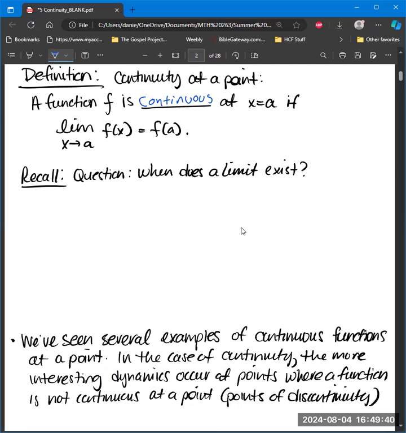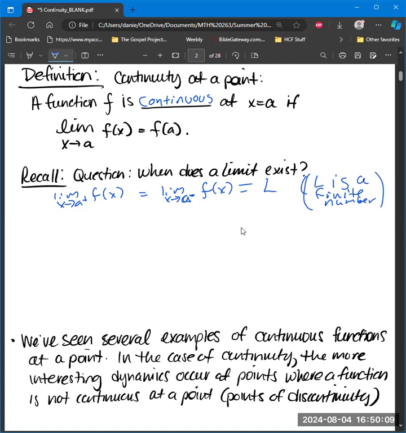So the limit exists when the limit as x approaches a from the right of f of x equals the limit as x approaches a from the left of f of x equals L. L is a finite number.